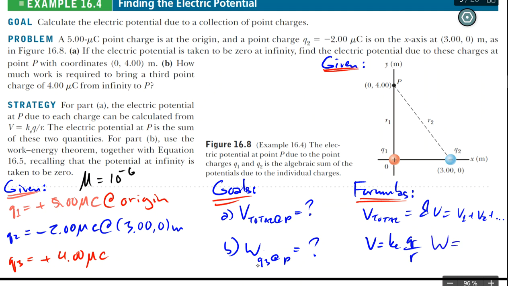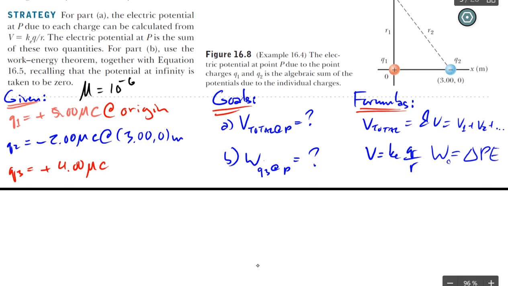Work is equal to the change in potential energy if this is a conservative force, which is from physics 1. There we go. So from here we can dive right into the solution.